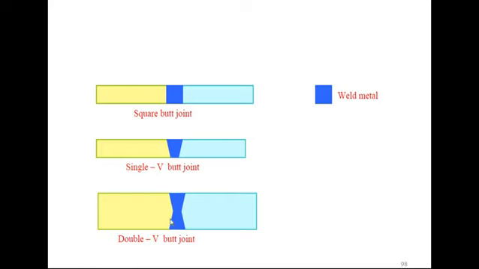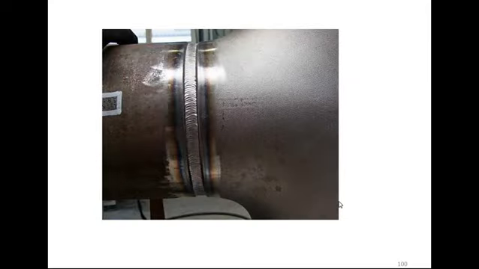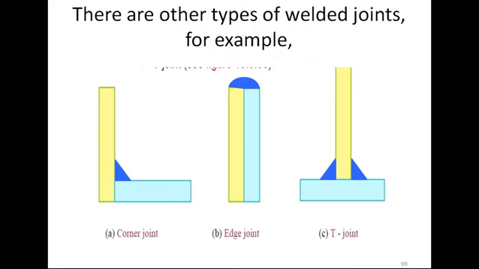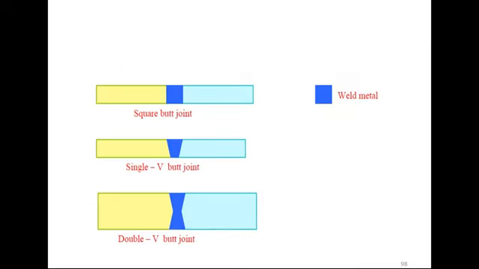This is one V and this is another V. That's why when we fill the filler material in between these two plates, it looks like two V's. So that's why we call it a double V butt joint.